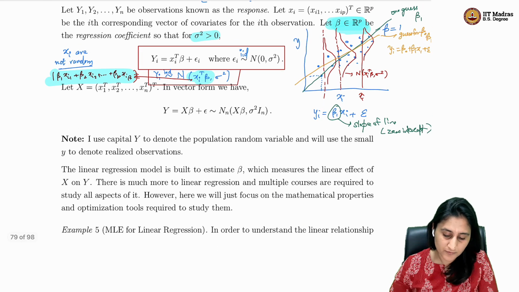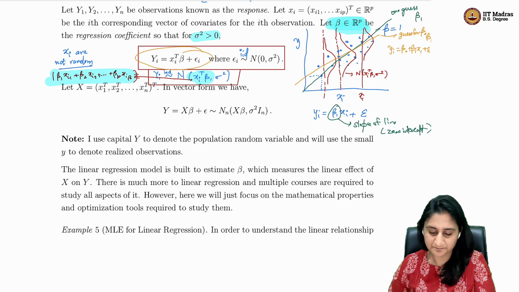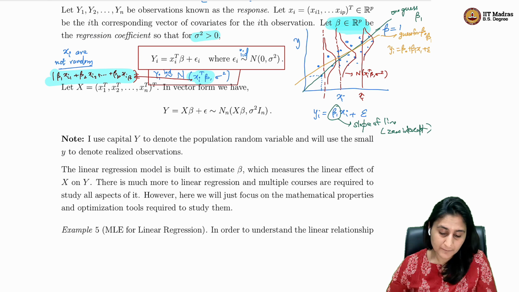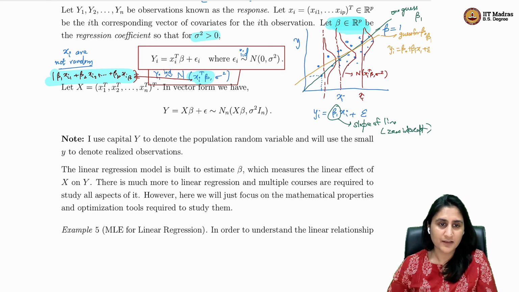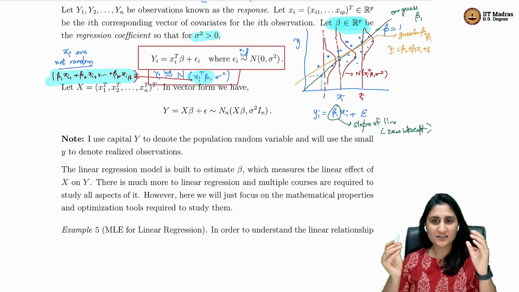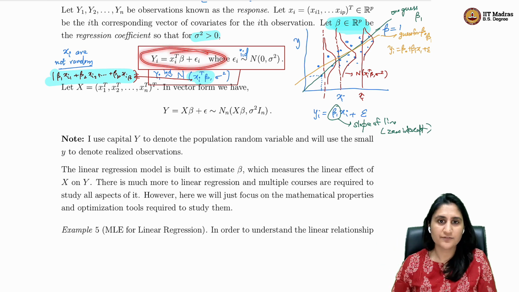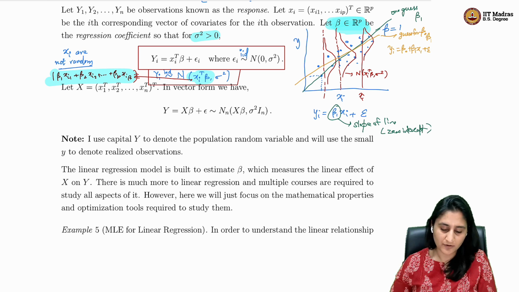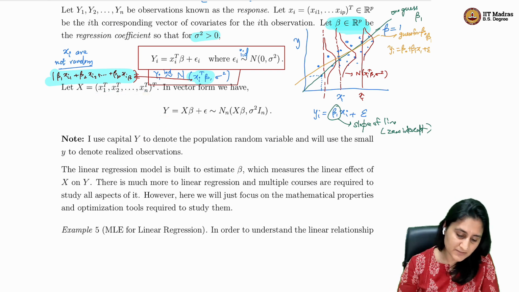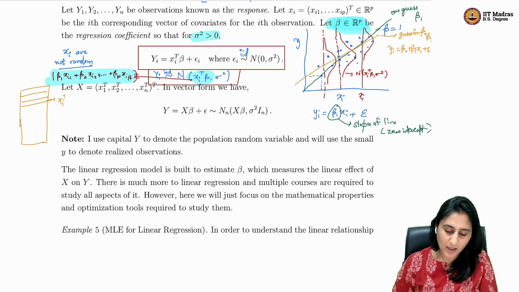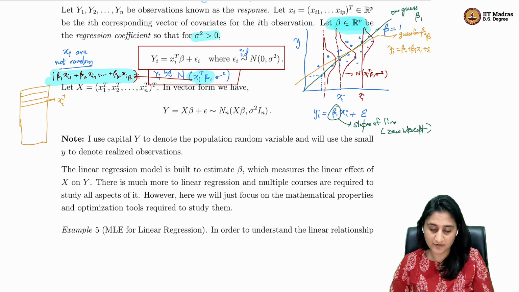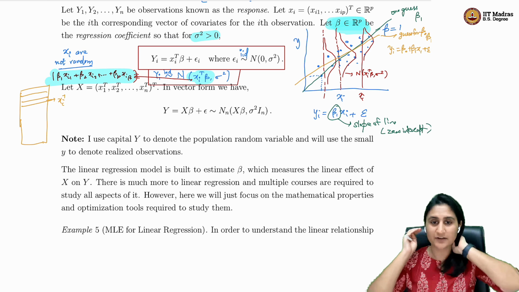And another thing that I skipped over is if I take this model and accumulate all the yi's that I have and all the xi's that I have, I can write this independent observation-wise model as a full model where y is the vector of responses, x is a matrix such that each row is xi transpose, and beta is still the same coefficient vector, which is called the regression coefficient.